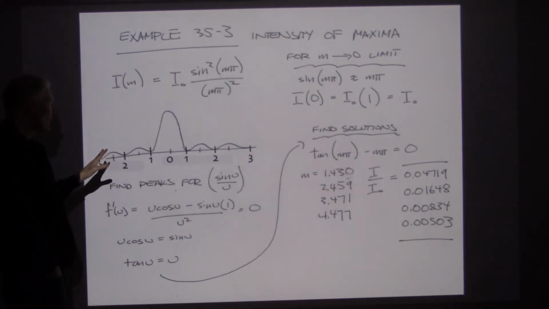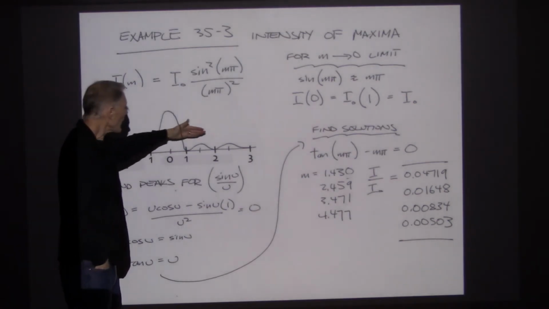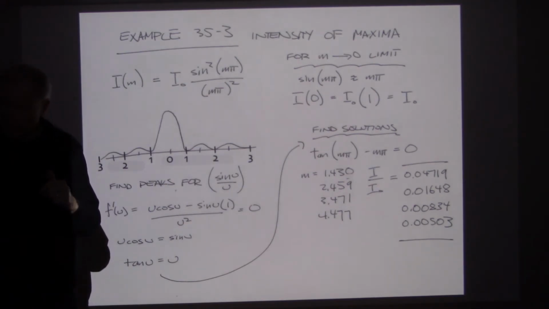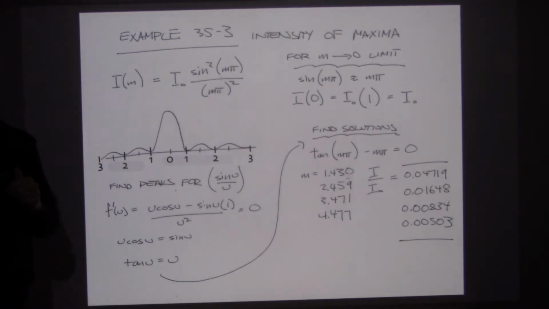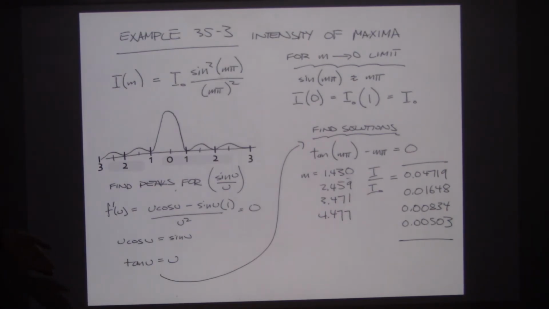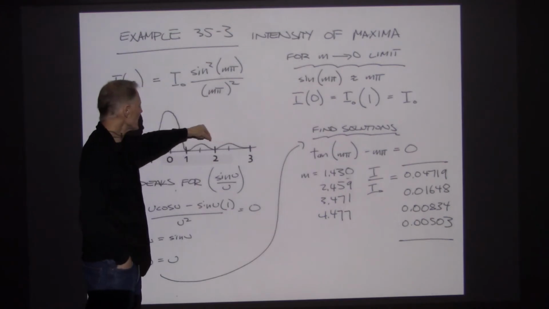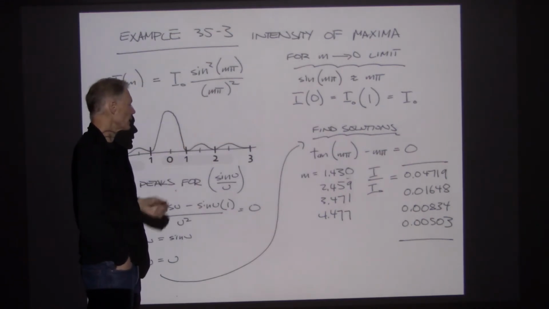Now, as we look away from the center, where are these other peaks going to show up? Our phasor diagrams told us that at the integer values of m, the intensity is 0, but where are these smaller peaks and how large are they?